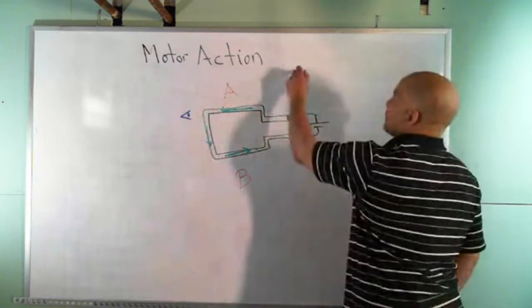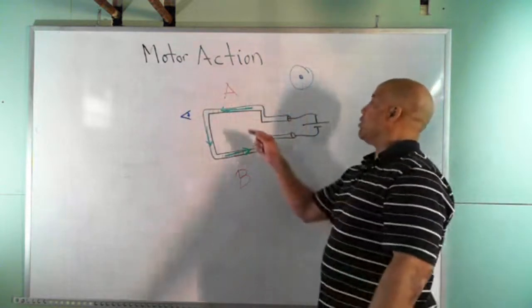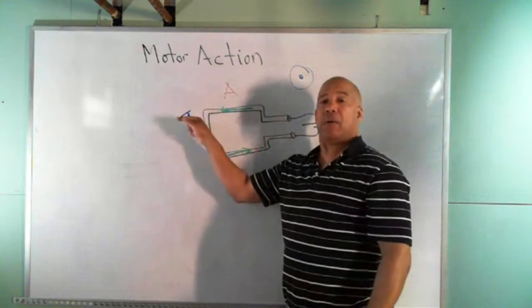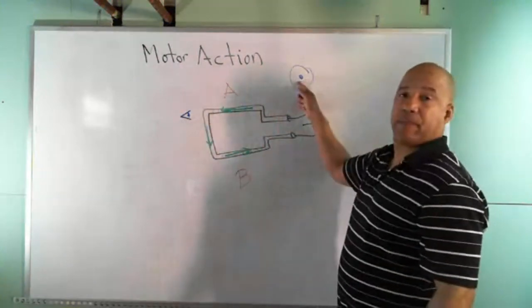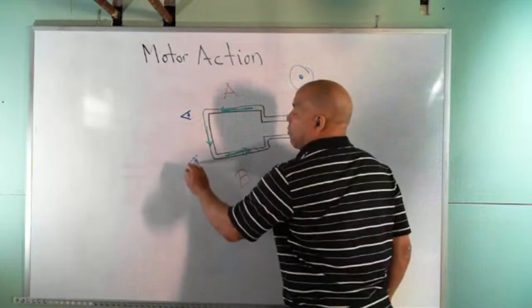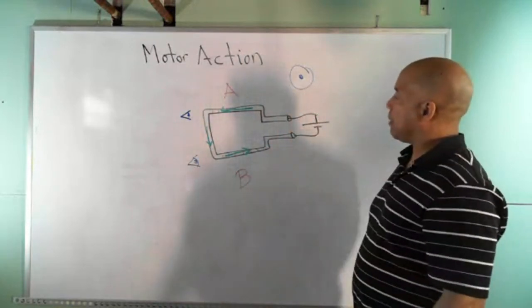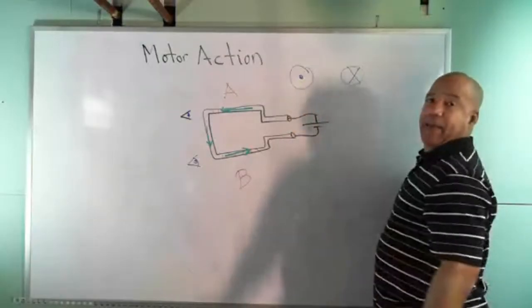Wouldn't you see an arrow coming towards your eyeball? You would see that. And if you were looking at conductor B, looking at the current, what would you see? The one with the X instead of the dot. You see the current leaving your eyeball.